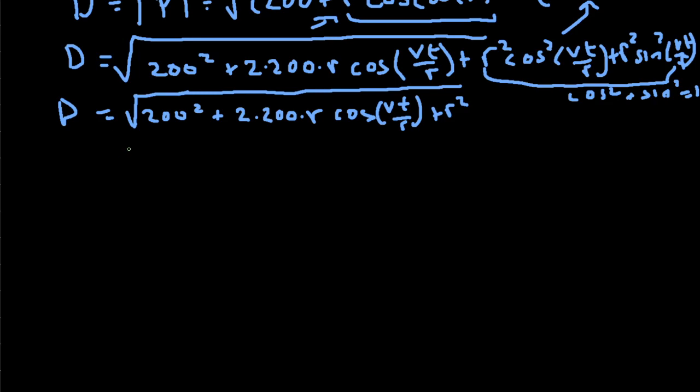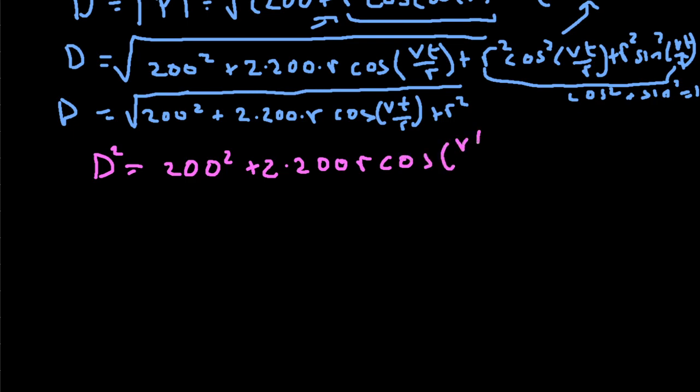So I'm just going to square both sides. We're just going to rewrite this as d squared is equal to 200 squared and everything on the inside there, so that we don't have to deal with the radical. And now I'm going to take a derivative with respect to time.